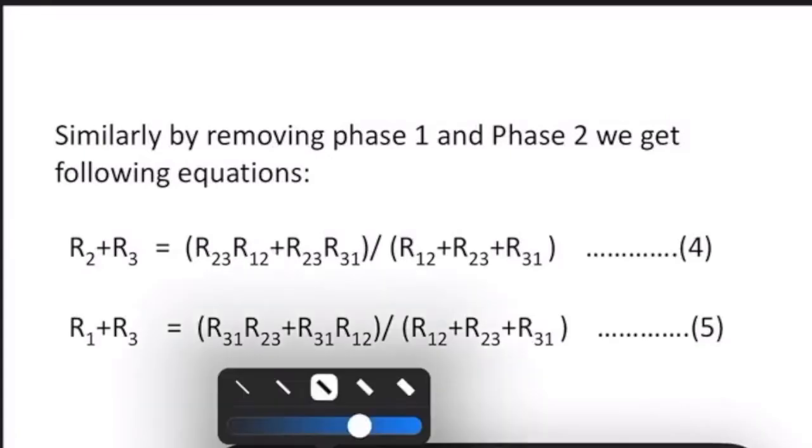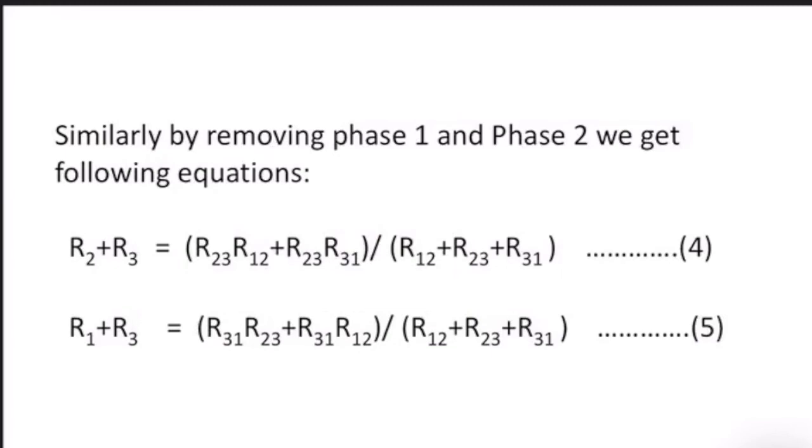What is the concept? The concept is that when we are removing phase 1, on the left side we are not having R1. What we are having is only R2 plus R3. And on the right side, we are multiplying R23 by the remaining two elements, that is R12 and R31.